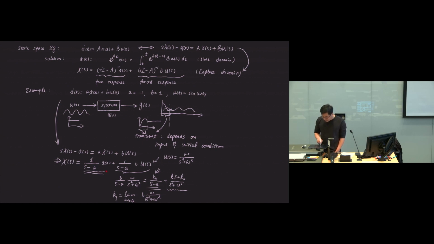Comparing this term and this term, we can see that for this transient to completely disappear, x0 must be equal to negative of K3. So x0 must be negative B omega over A squared plus omega squared.